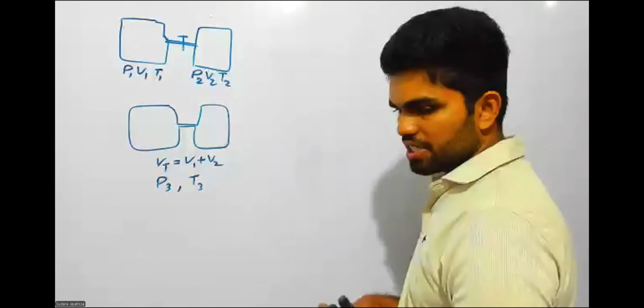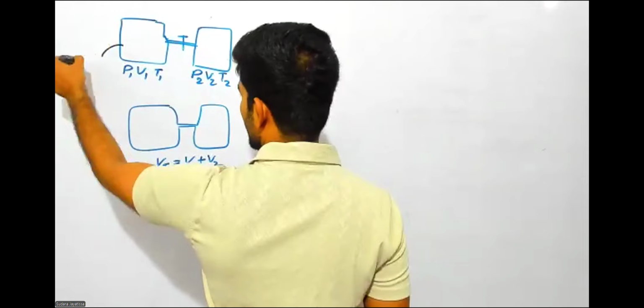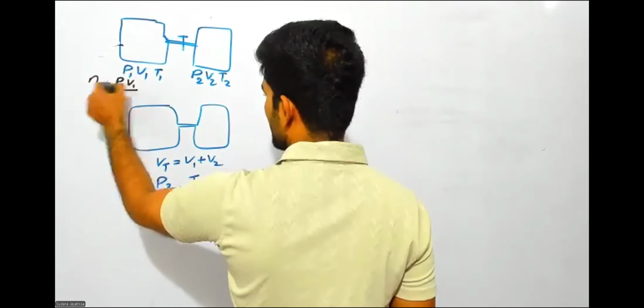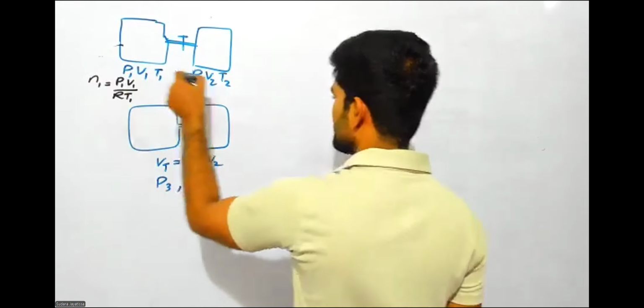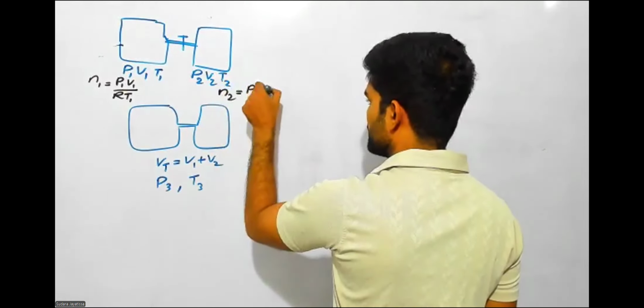Now, using this above information, the only thing that you don't know is moles. You can find the moles N1. N1 will be P1 V1 over RT1. And N2 will be P2 V2 over RT2, isn't it?